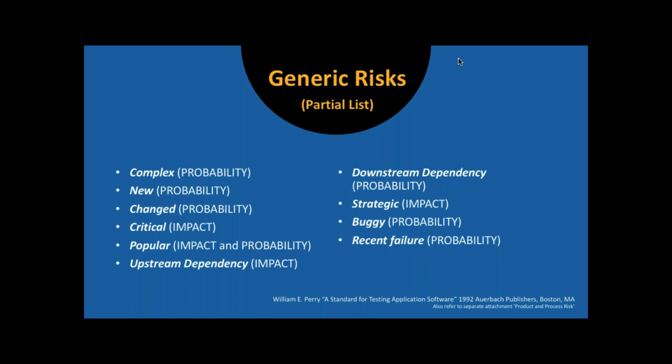If the functionality or the process you're looking at is downstream, so maybe you're looking at process C, and you know that process A, which C is downstream from, has had a lot of problems, you know that's going to increase the probability or likelihood.